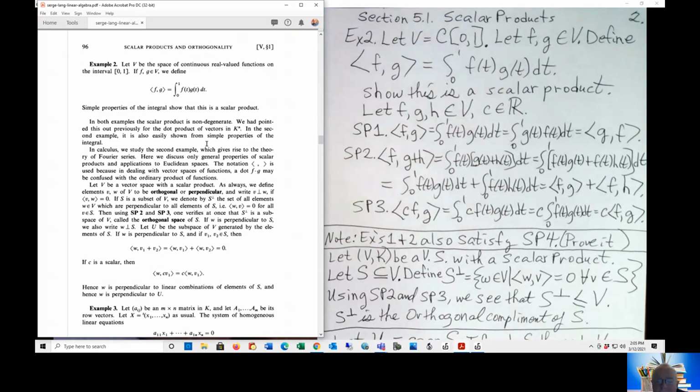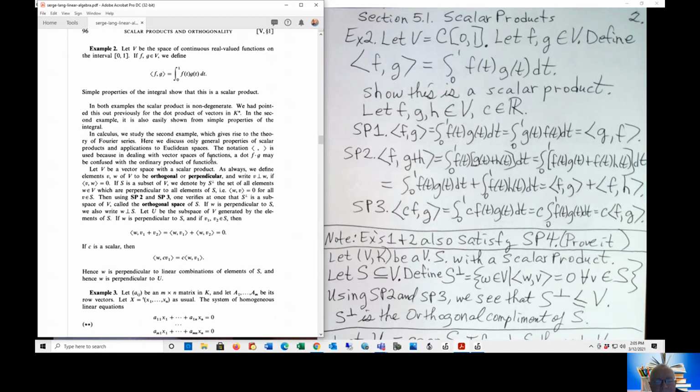All right, now next, let's start with a vector space V over our scalar field K, and suppose it has a scalar product on it. Now, let S be an arbitrary subset of V, not necessarily a subspace, just a subset.